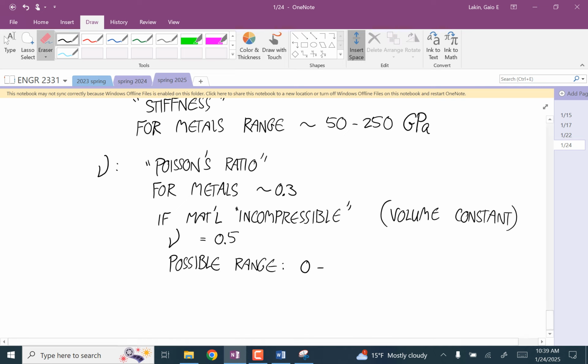It can't go to 1. If something was bigger than 0.5, it would mean that you would compress it a certain amount and it would get so angry that its volume increased. That would be like the Hulk version of Poisson's ratio, but materials don't do that. So the biggest Poisson's ratio you can have is for something that's incompressible.